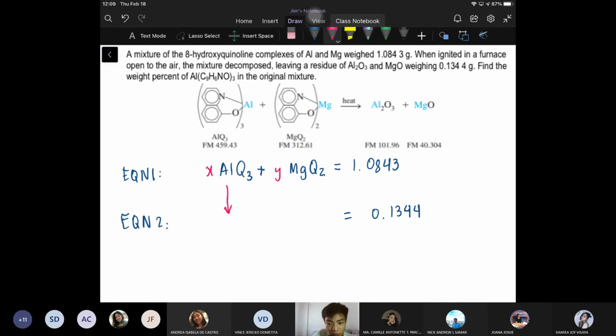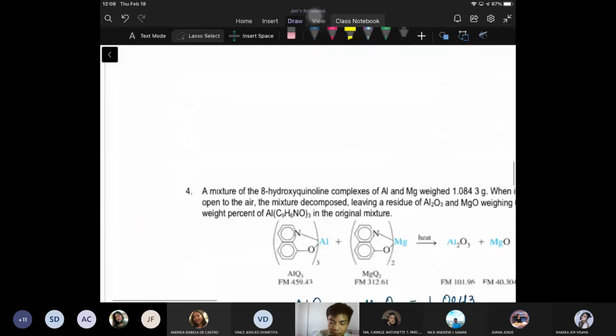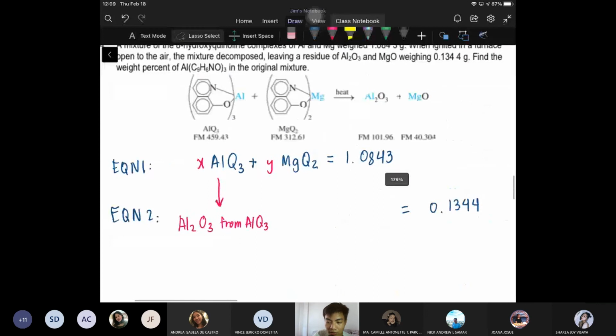So, itong AlQ3, itong aluminum 8-hydroxyquinoline ko, magiging aluminum oxide yan. And then, yung aking magnesium quinoline, magiging magnesium oxide, no?